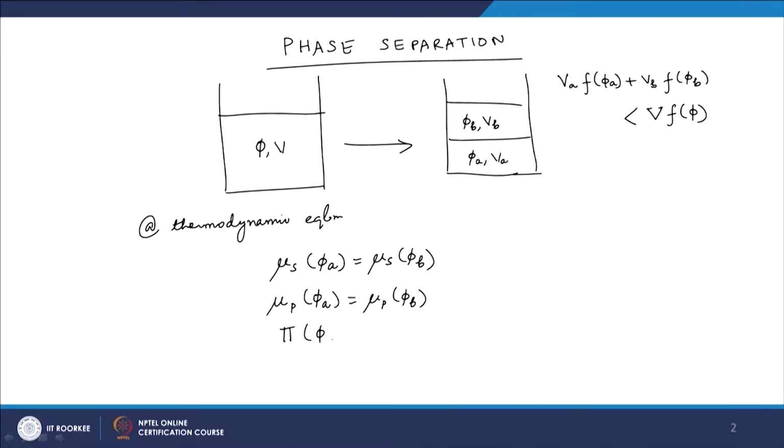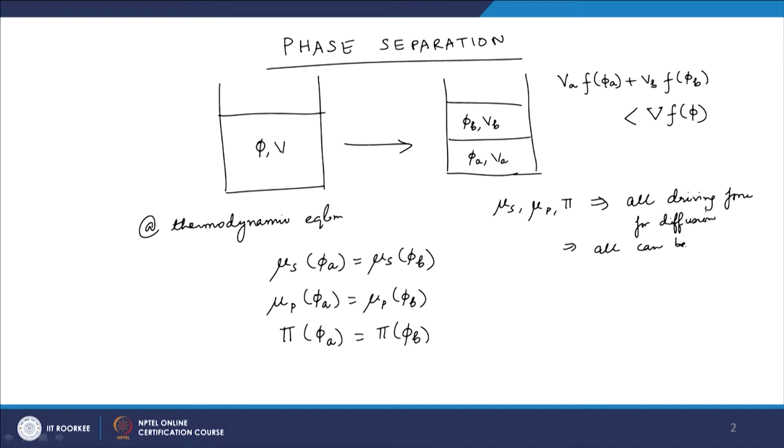In fact, we can think of both the chemical potential and osmotic pressure as some kind of driving force for diffusion. So mu s, mu p and pi are all driving forces for diffusion and in fact all can be written in terms of f of phi, T.